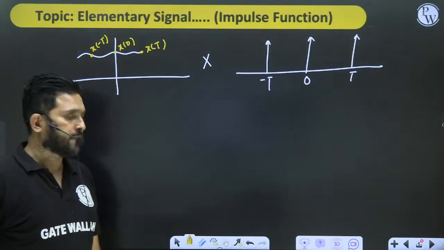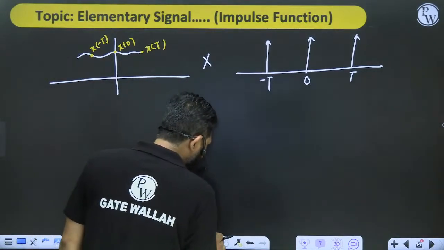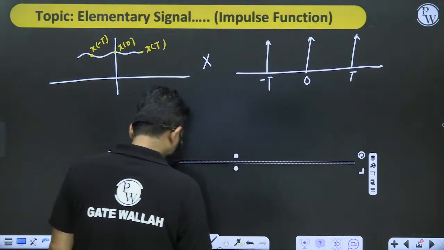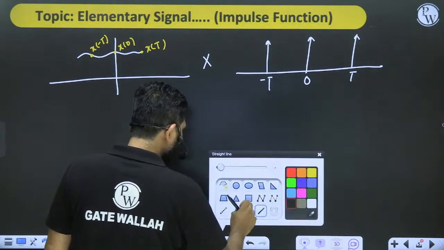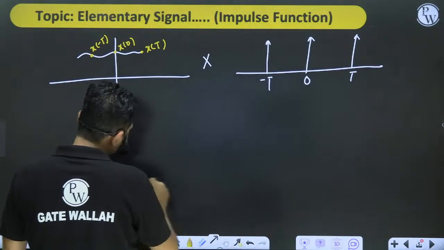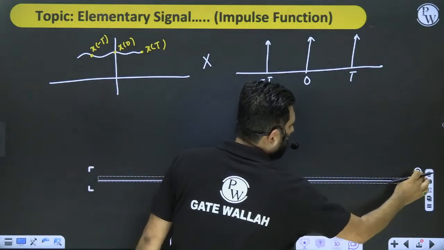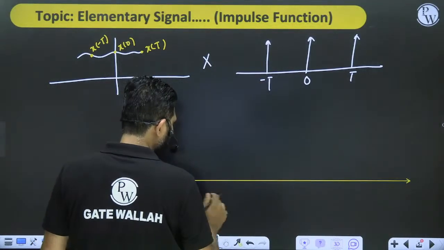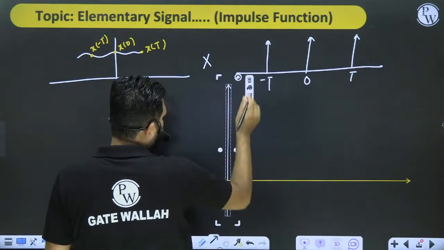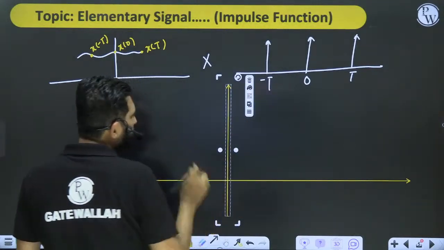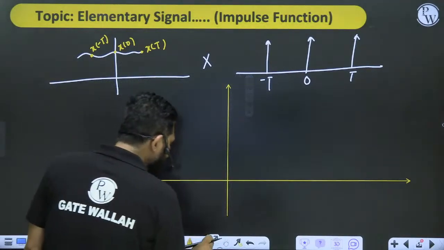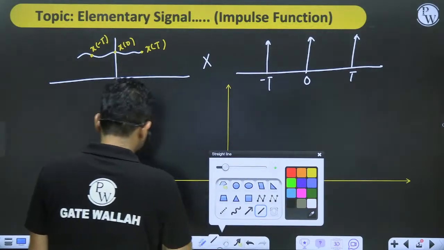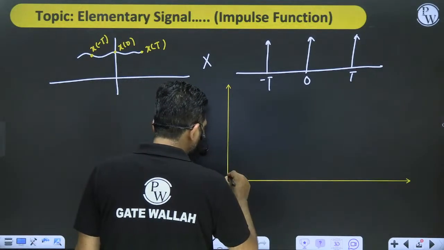I told you in the last class. See here, surely I will get an impulse at 3 different locations.